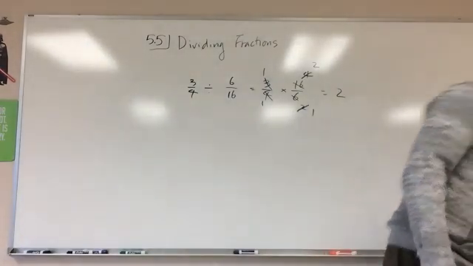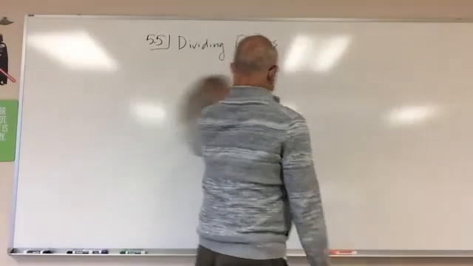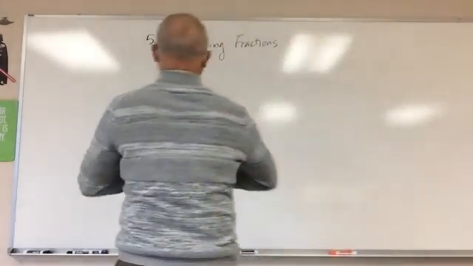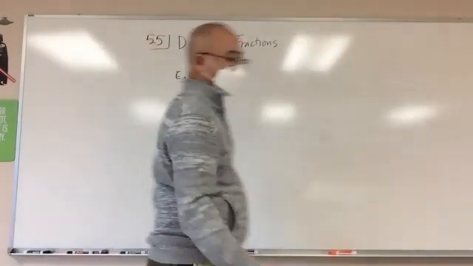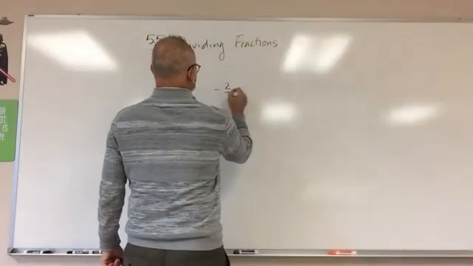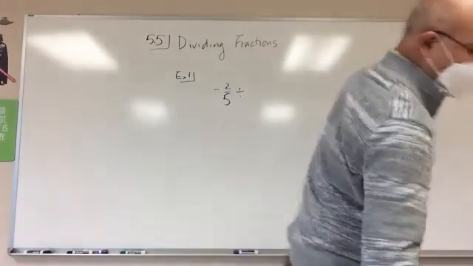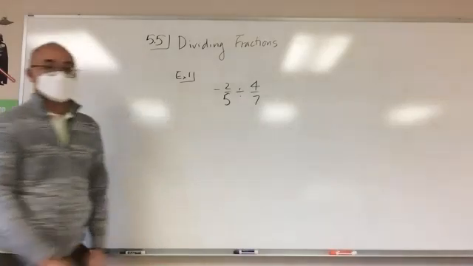Let's do example number 1. I have -2/5 divided by 4/7. Okay.